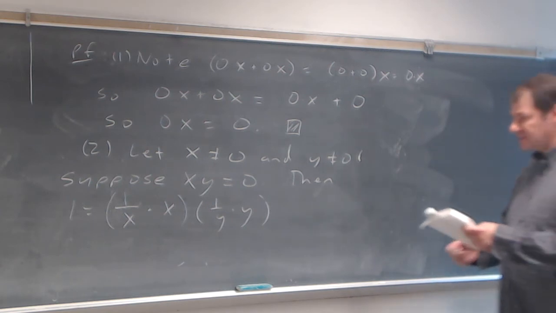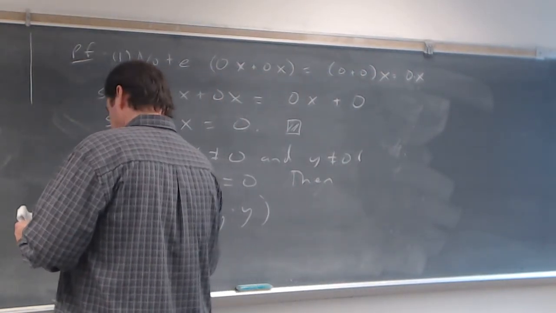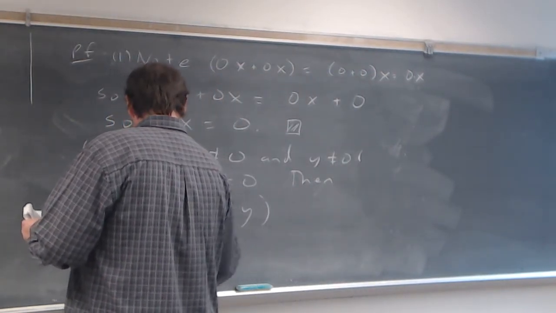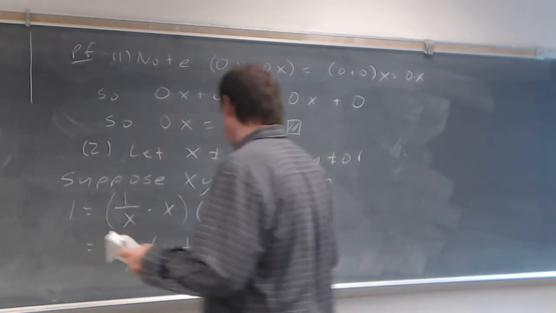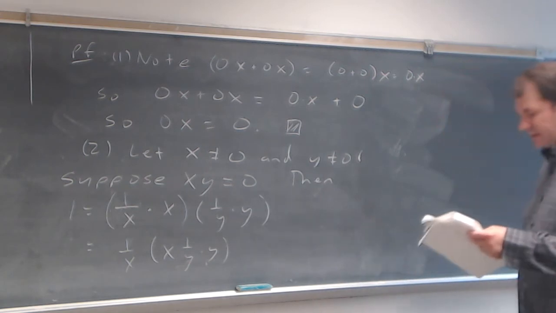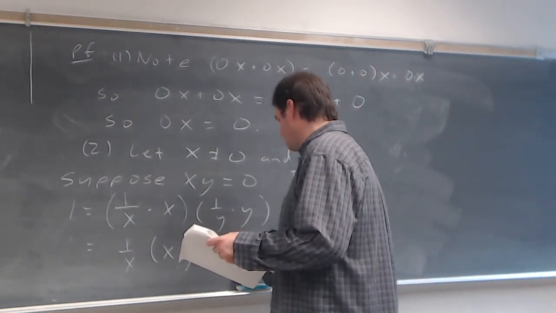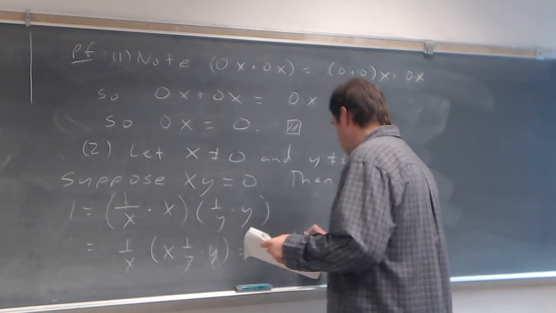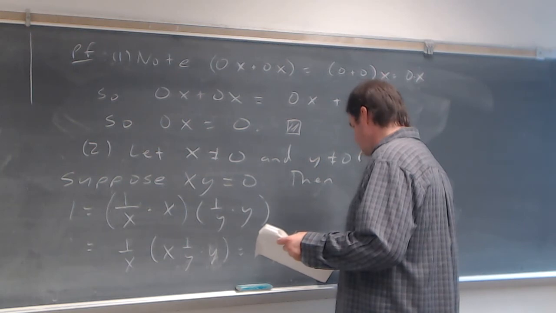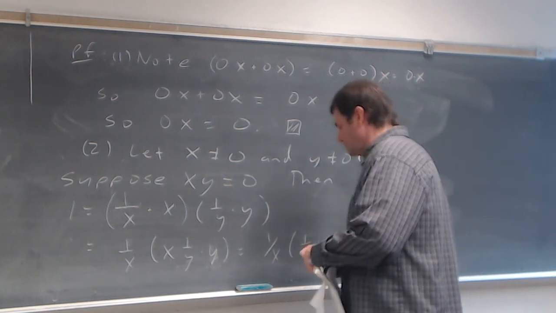And this is equal to 1 over x times 1 over y times y. Using distributive properties, we can get something of this sort, which equals 1 over x times 1 over y times x times y.